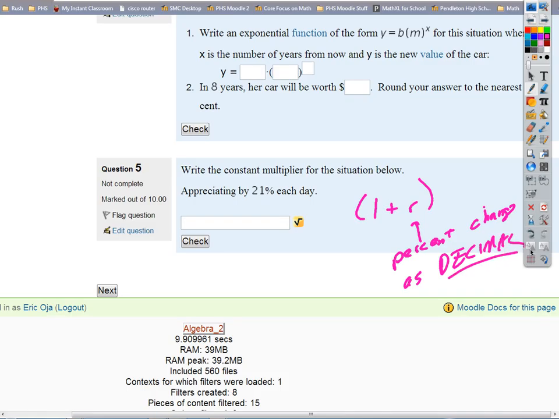So if it is appreciating, positive or negative, going up, 21% is what as a decimal? 0.21. So it's 1 plus 0.21 is our answer, right? That's all they're saying.